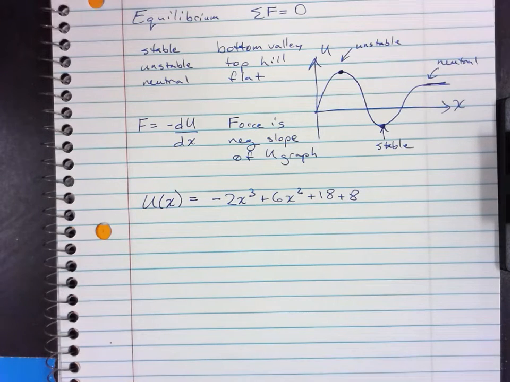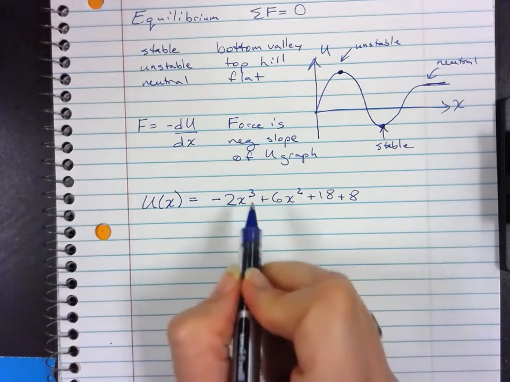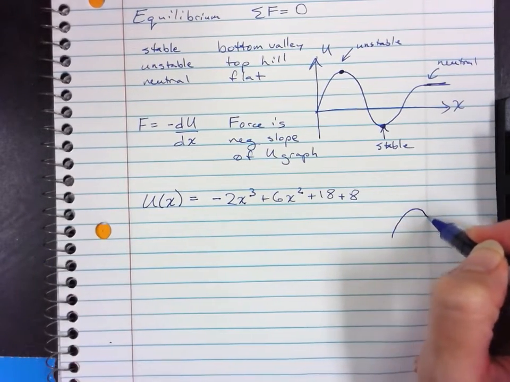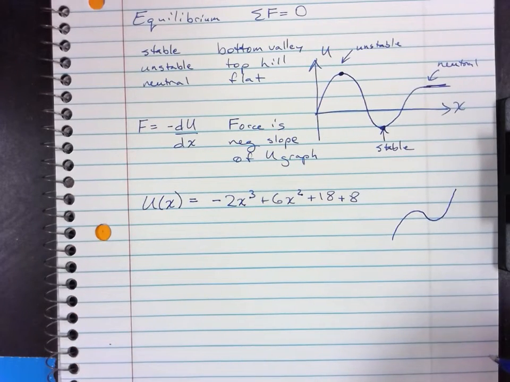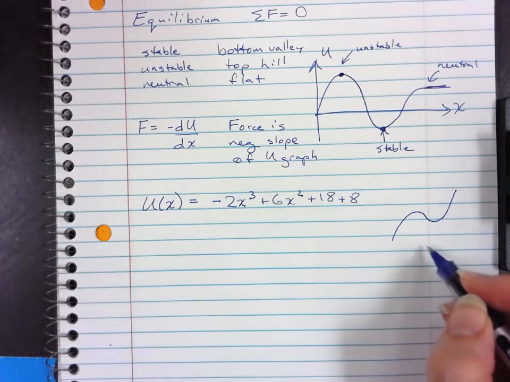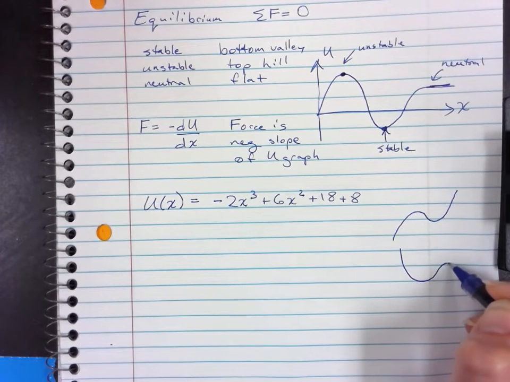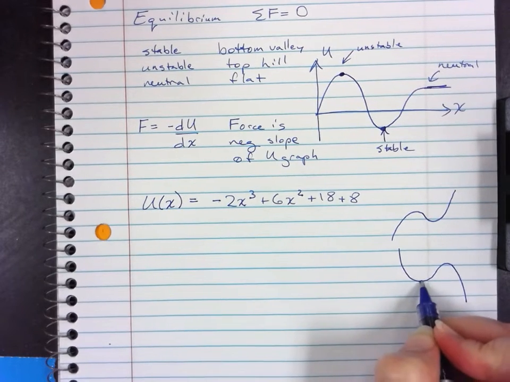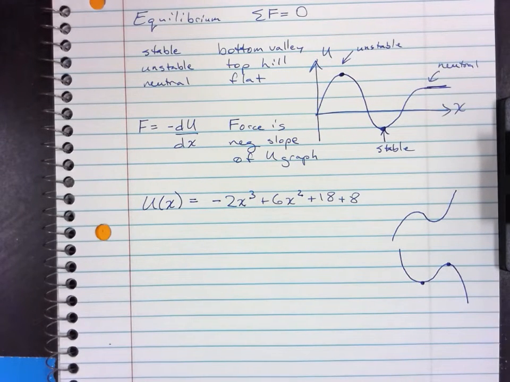Before we start, I want to graph this. This is a cubic. If you remember, the parent function of a cubic looks like this. This is a negative cubic, so its graph is going to look like this. You can see that we have 2 points of inflection. We have 2 stability points, and that's part of our job to figure out what they are.